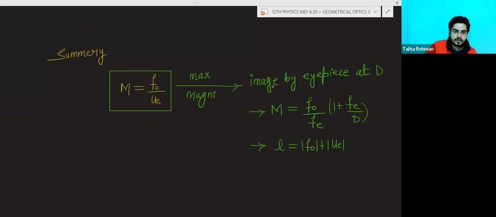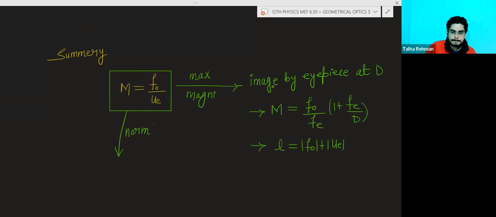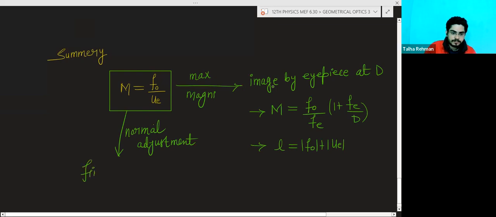In case of the normal adjustment, where should the image form? Final image should be at infinity.